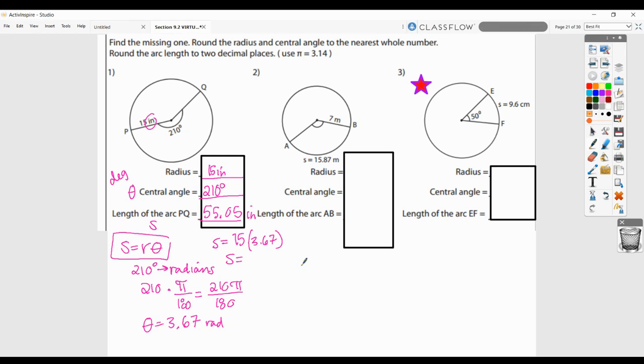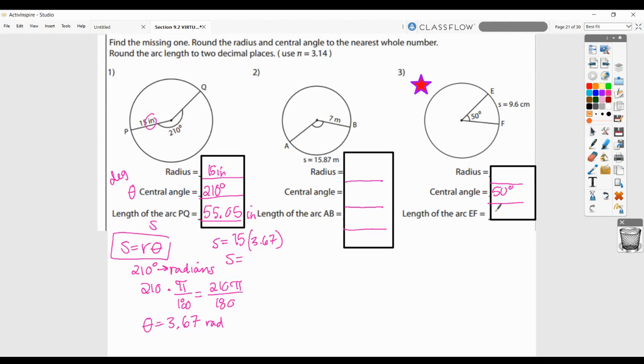So for each of these, you're doing exactly the same thing. The only thing that's different is you may be missing something, and then you just have to figure out what that piece is. So for this one, you are given theta, 50 degrees.